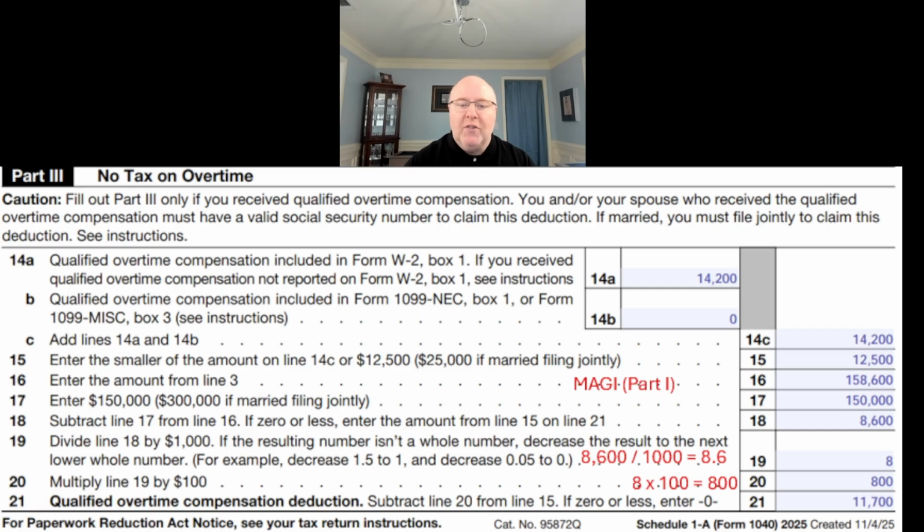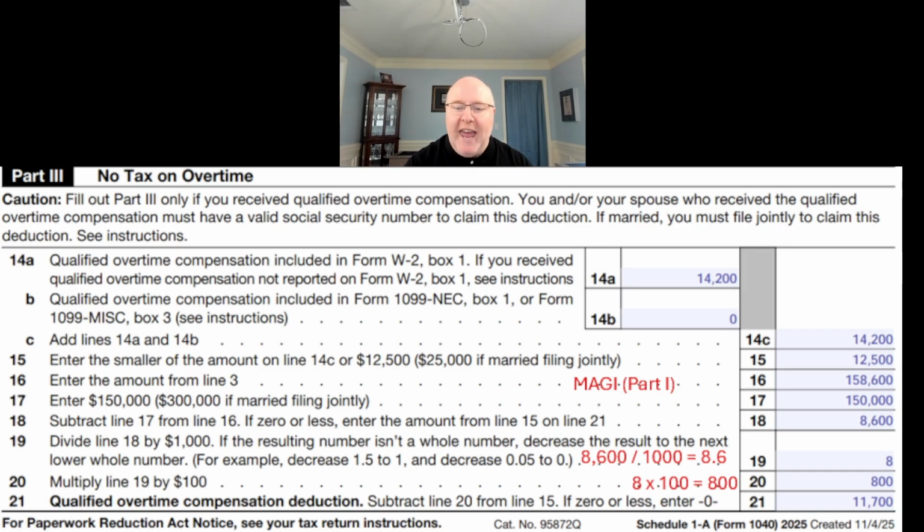So what we do is 8,600 divided by 1,000 gives us 8.6. Now we reduce it. So instead of 8.6, even though it looks like, hey, maybe we go up to 9, no, we always reduce down on this one as shown in these instructions. So we go from that 8.6 to an 8. That is taxpayer friendly because it's going to minimize the amount of your phase out.